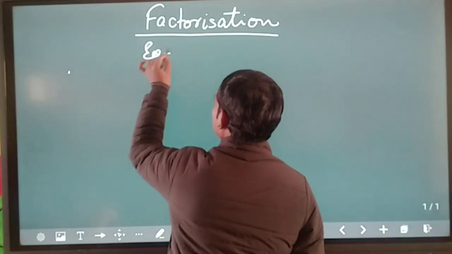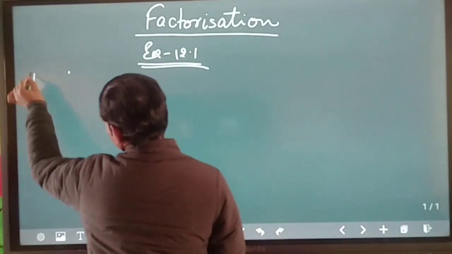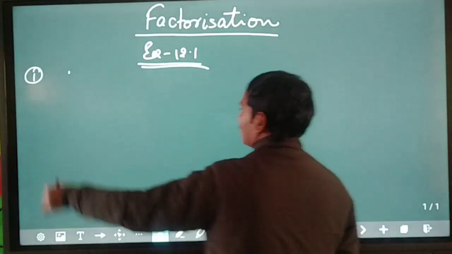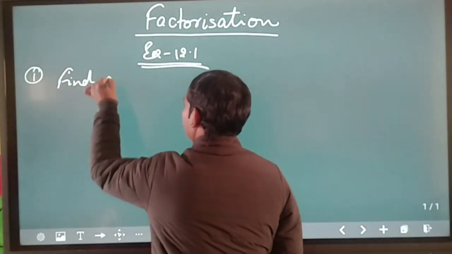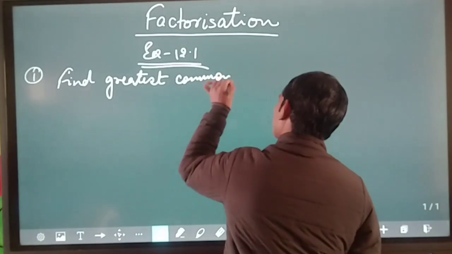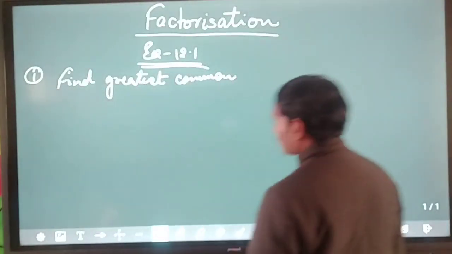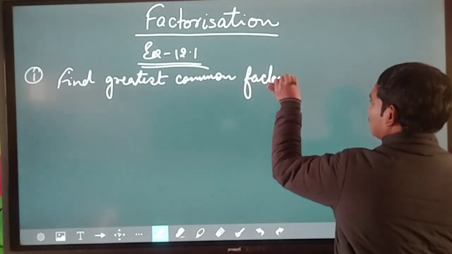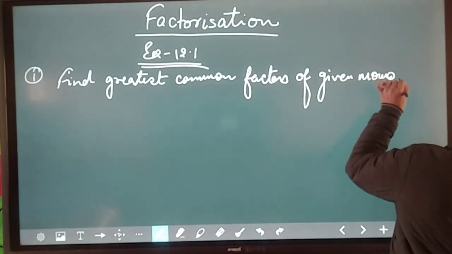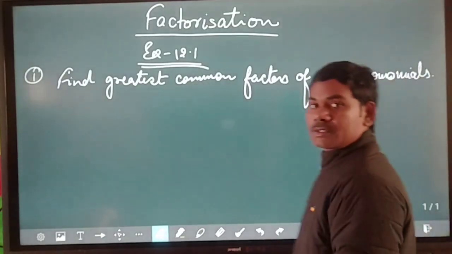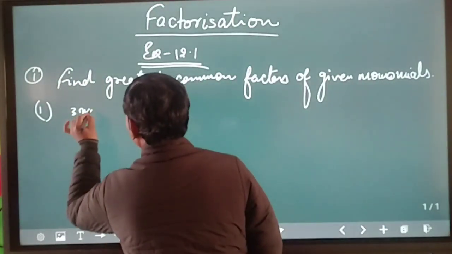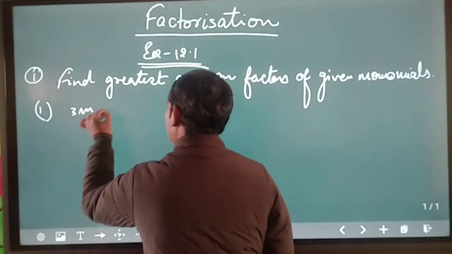The exercise is 12.1, and the first question is: find the greatest common factor of the given monomials. Here the given monomials are 3m and 6n.